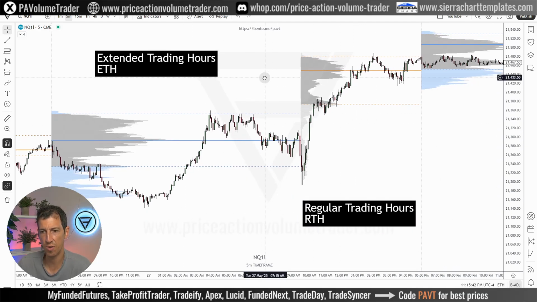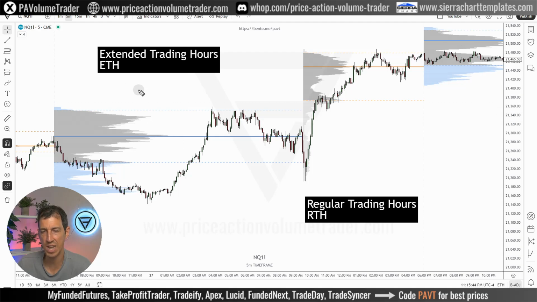So the elements of the volume profiles are exactly the same. I have a lot of videos on it, so I'm not going to go deep into it, but you have the value area, which equals 68% of the total traded volume. Same thing here. I like to distinguish extended hours with a different color on the outside of value, just so it's easy to identify.